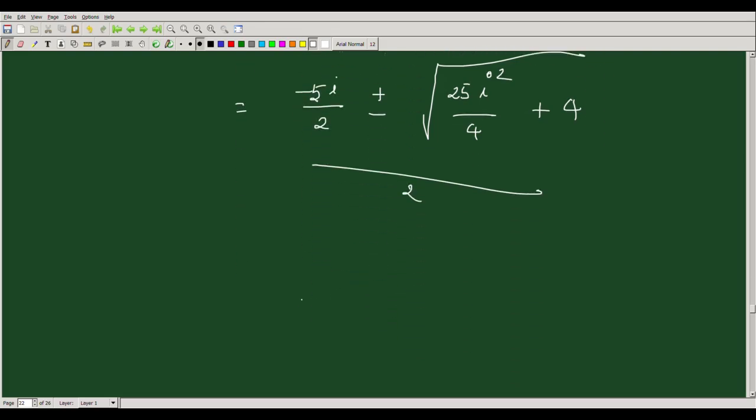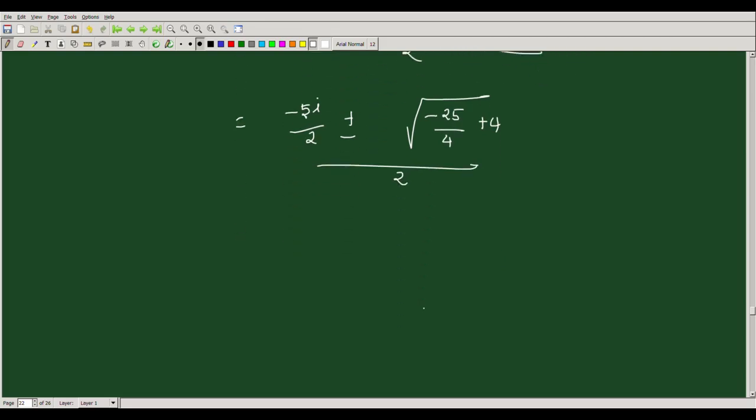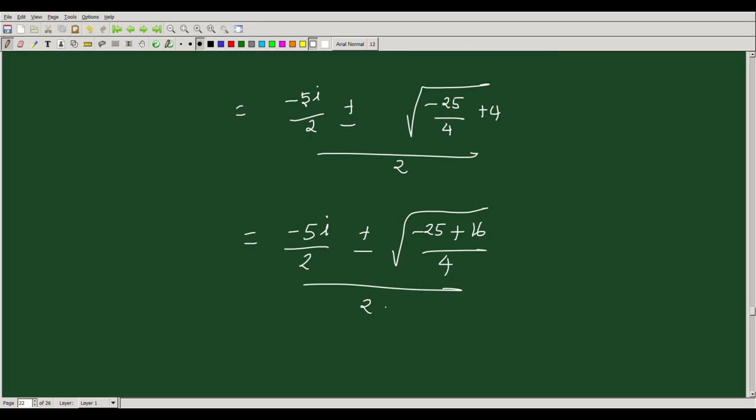So the next step is solving this. Minus 5i by 2 plus or minus, i square is negative, so minus 25 by 4 plus 4, divided by 2, and again solve. It's an ordinary simplification only. So minus 5i by 2 plus or minus square root of minus 25 plus 16, divided by 4, the whole divided by 2.